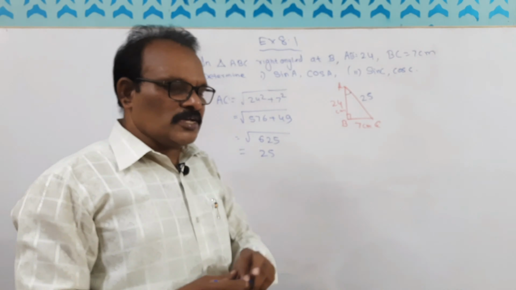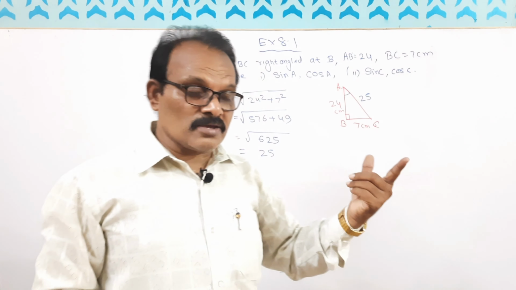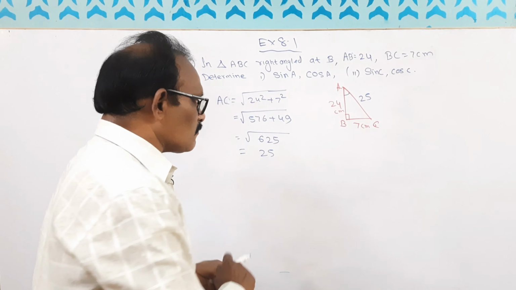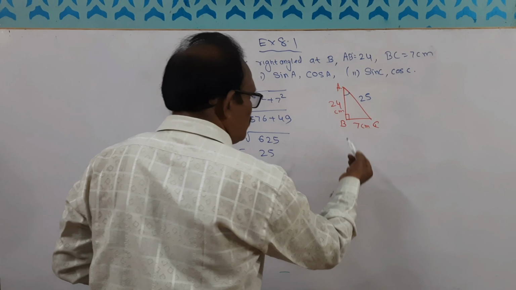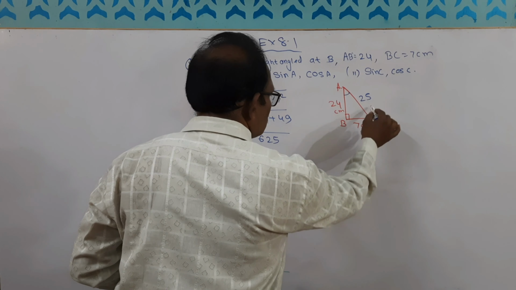So sine A, recall the dialogue I have given you in the previous class: "Some people have", that means P by H. So this is P, this is H. So sine A is equal to BC by AC, that is 7 by 25.